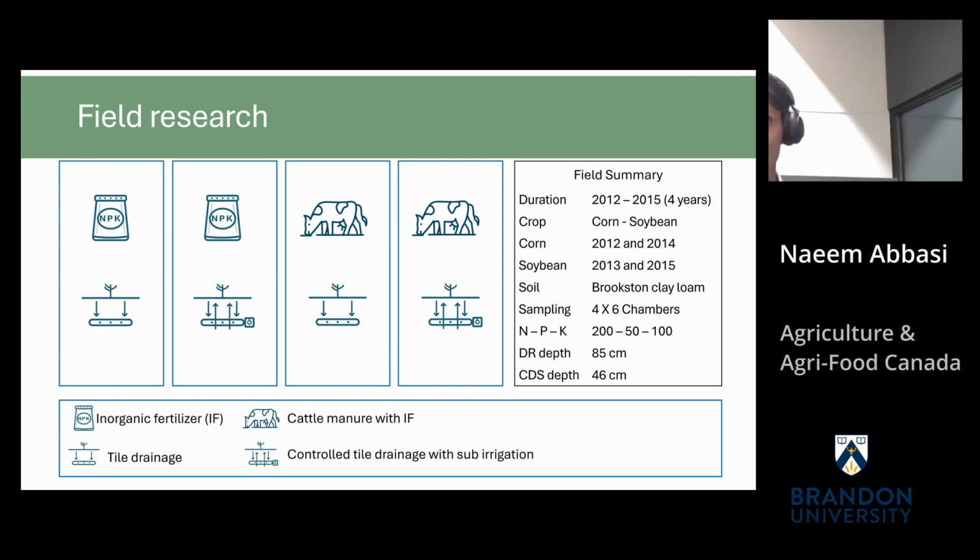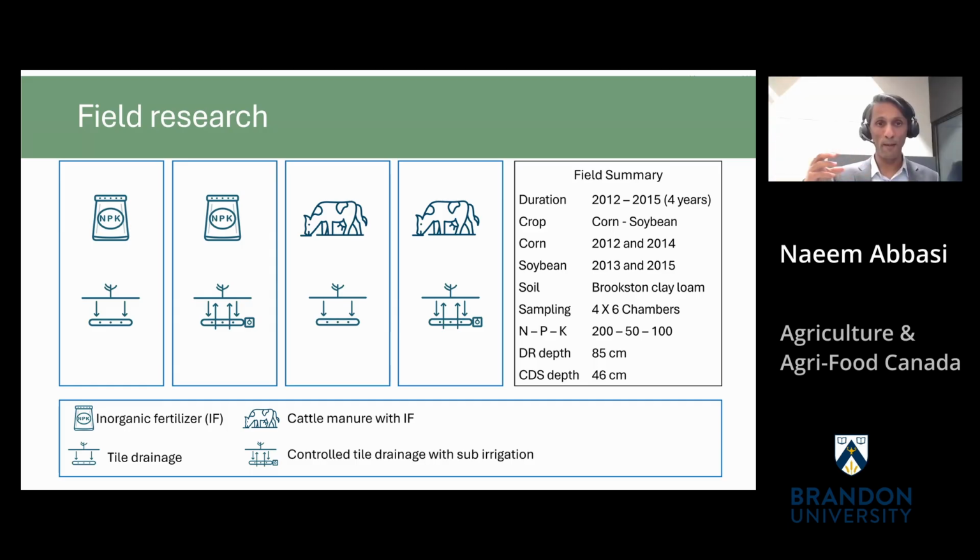Solid cattle manure was applied as a primary fertilizer, but then we also applied some synthetic fertilizer as well, just to make sure that the N supply is same. Primary is coming from solid cattle manure, and whatever we can't bring from cattle manure, we supplemented it with synthetic fertilizer, and that made an apple-to-apple kind of comparison.